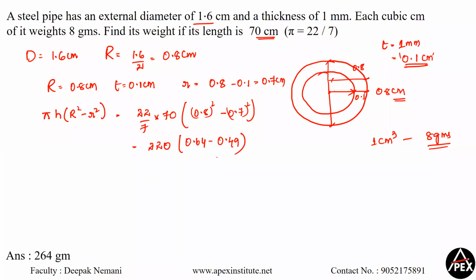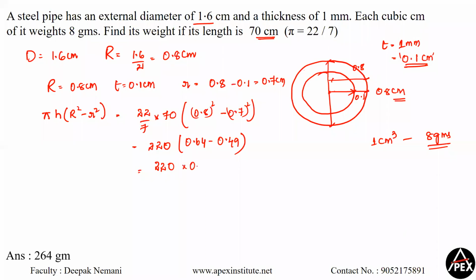Okay, so this will be 220 into what is 64 minus 49? 0.15.